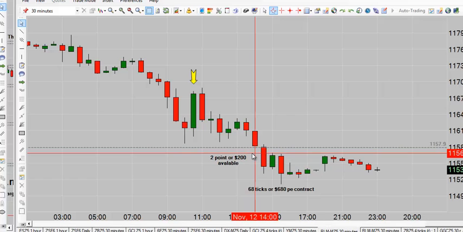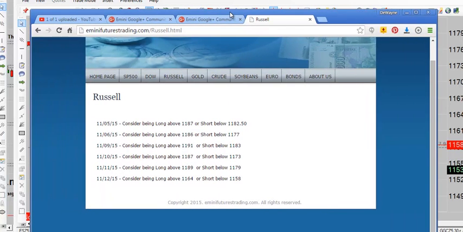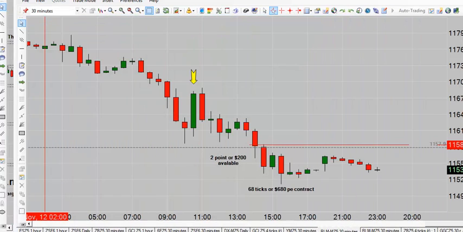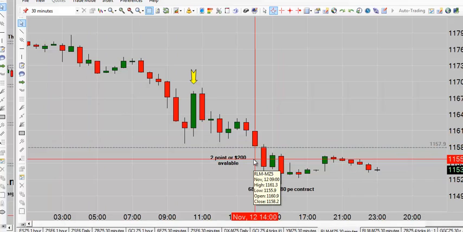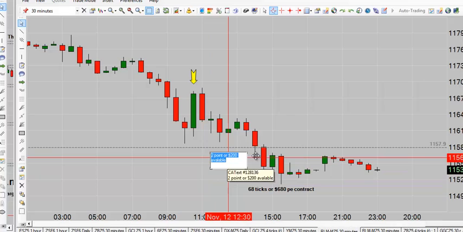Now I got to figure this one more time. That's what happens to get in a hurry. Short below 58. Got to put your line at 57.9. You trigger. The swing low is 55.9. That's exactly 2 points or $200 per contract available.